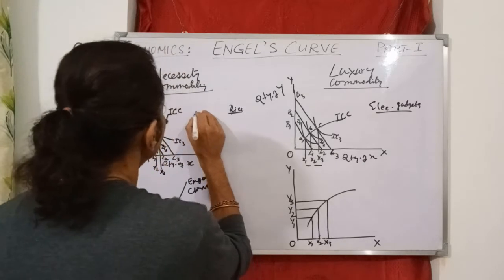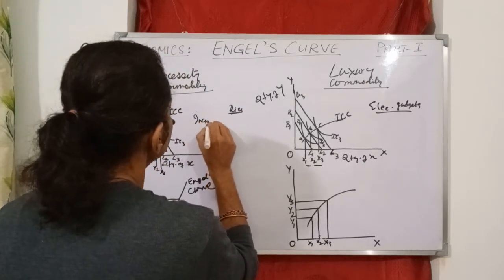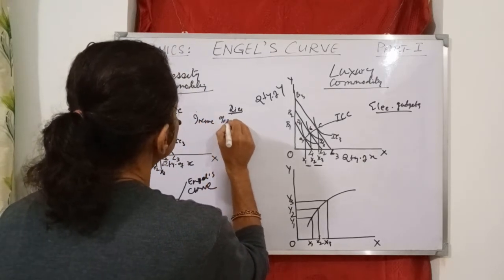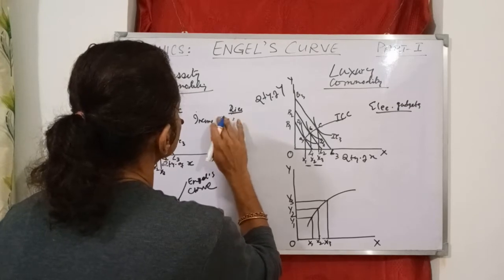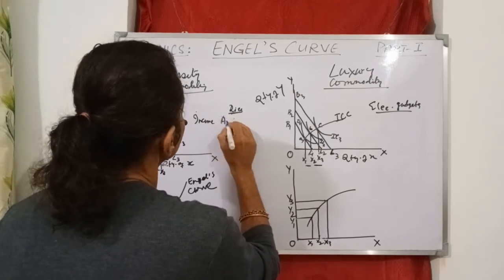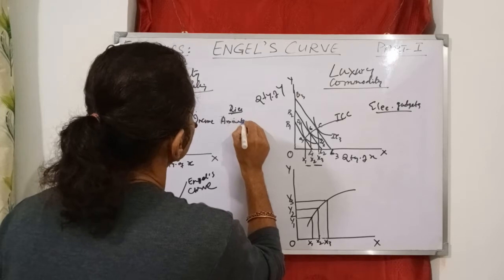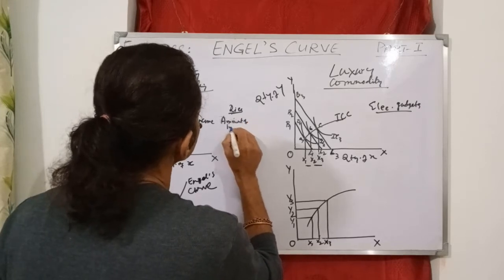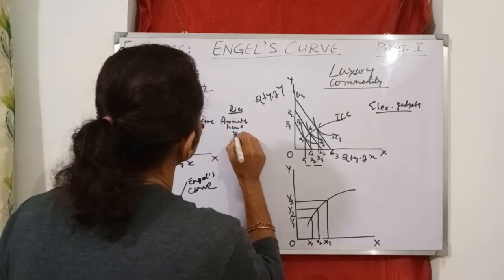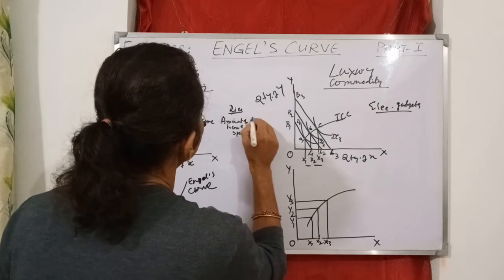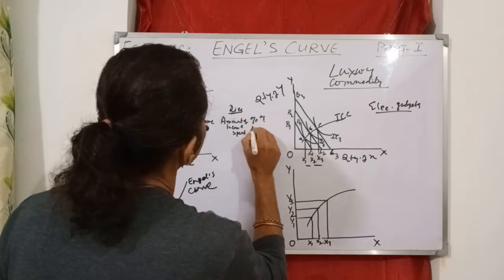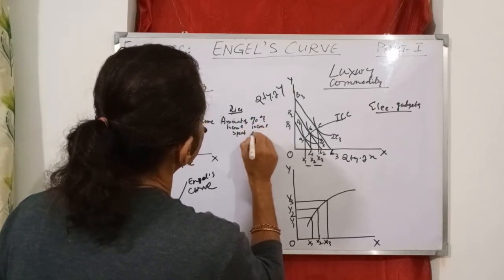Let here be income, amount of income spent, and here percentage of income spent.